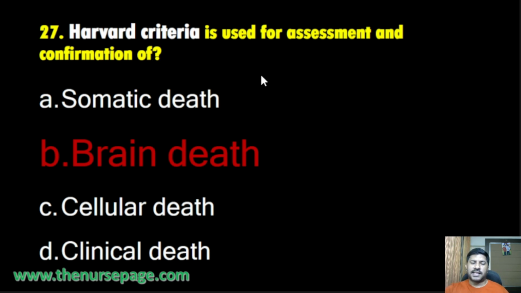So Harvard criteria includes the cold calorie test and all. First, the reflexes will be absent and there will not be any movement when giving pain stimuli, and all this is included in Harvard criteria for assessing brain death.